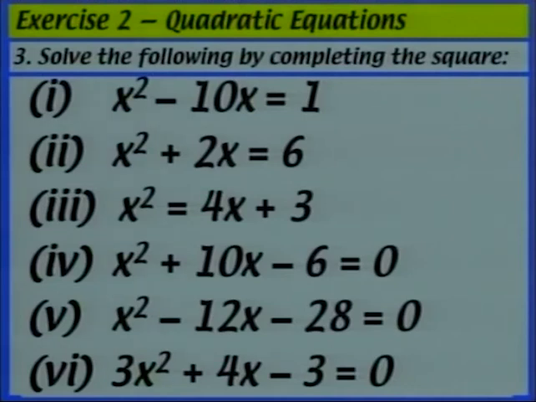Number 2 finished? Okay, if you do number 2 correctly, you should get x equals 1 plus root 7 or x equals 1 minus root 7.